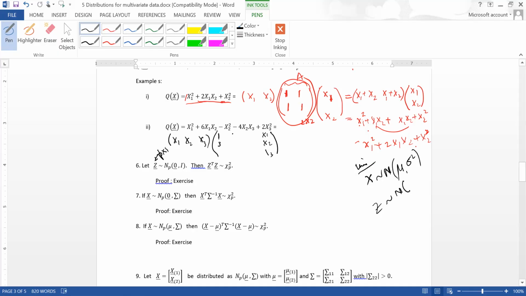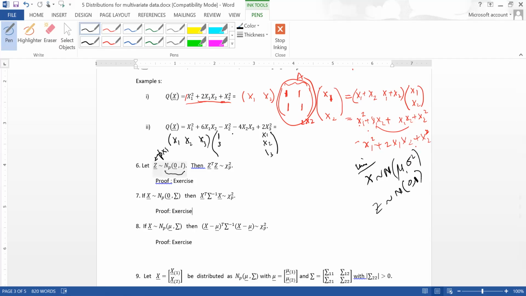If it's normal 0, 1, right? That means if it's the standard normal distribution. So here also Z is used because it's the standard normal version of the multivariate normal, because the mean is the 0 vector and the variance covariance is the identity matrix I. So you can see that's the standard form.